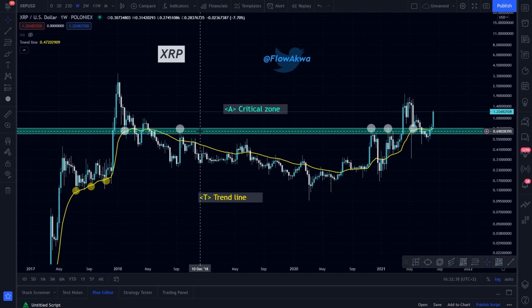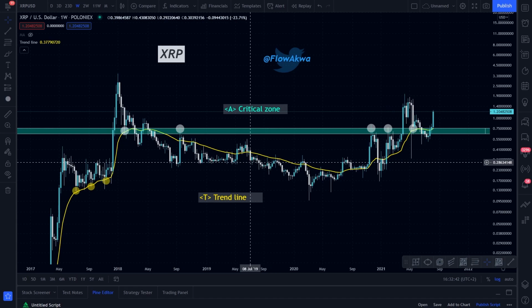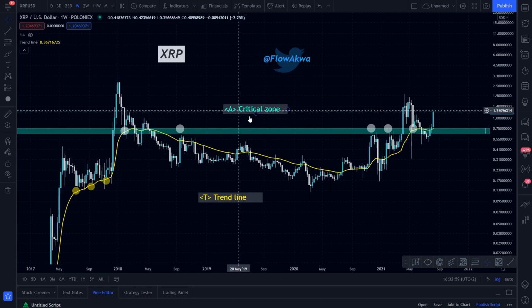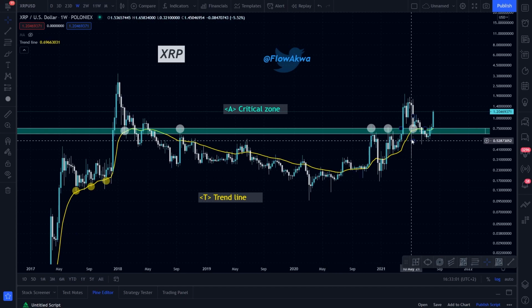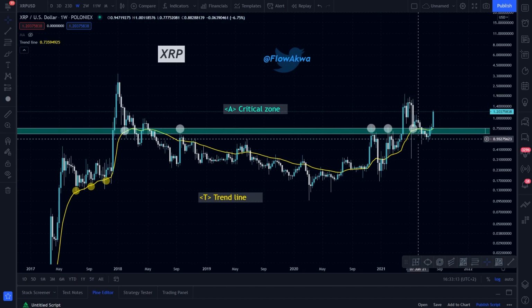Okay? So sometimes you don't have to focus on the price, you have to focus on the trend line. So when we penetrated the critical zone, XRP wasn't ready to have the trend line reversed. And that's why the price fell down. It's because we wanted to test the critical zone with the trend line.